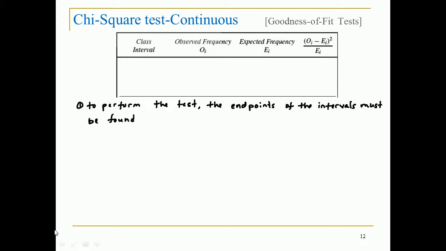Now we cannot assume that each random variable value is an interval. Remember, that was only for the discrete case. For a continuous case, now you need to find the endpoints for the intervals. Okay? And these intervals need to have equal probability. Okay?